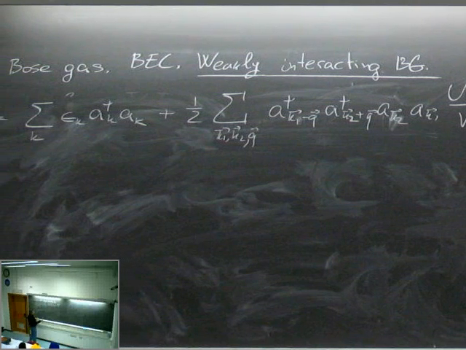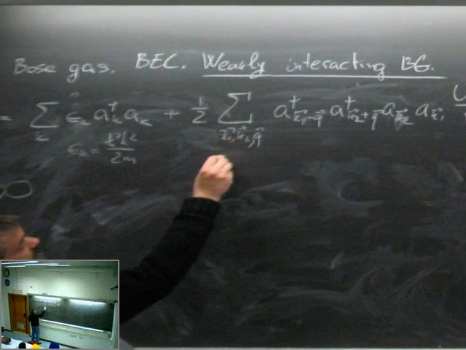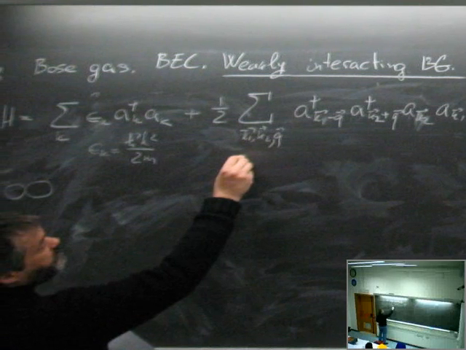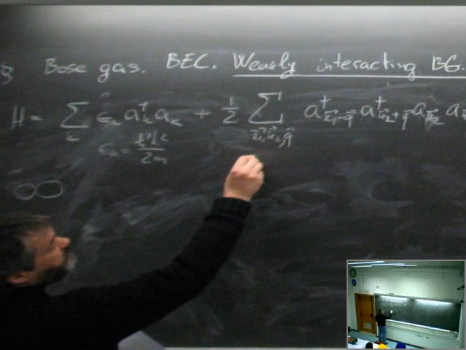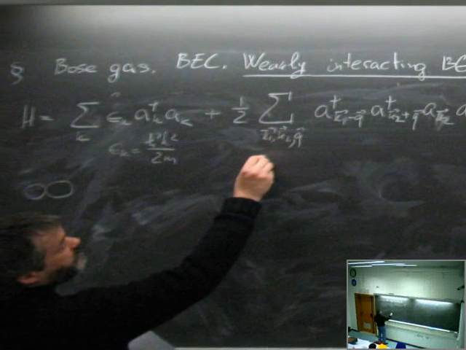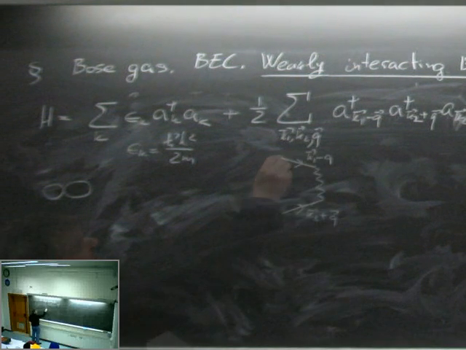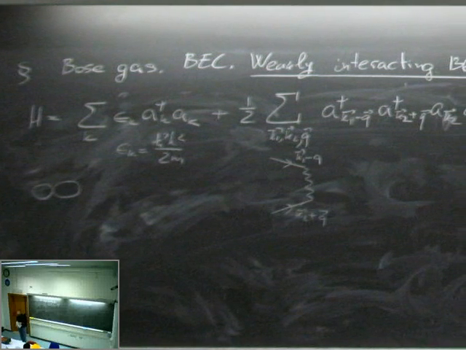And what is written here is that a particle with momentum k1 minus q comes and collides with a particle with momentum k2 plus q. They interact. Let me put the interaction as a wavy line.